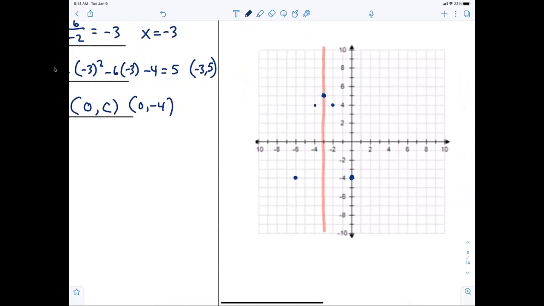Down 4. 1, 2, 3, 4. Now, normally I'd go to the right 3, and now what? Down 9. And guess what you notice? That's on there. All right. Does everybody see what I'm saying? All right. So now, do me a favor and sketch the graph.